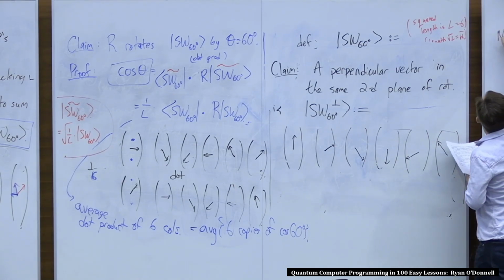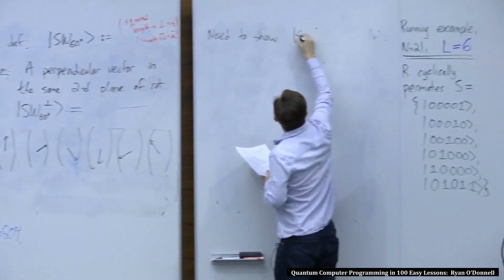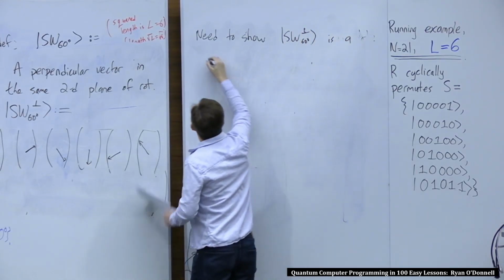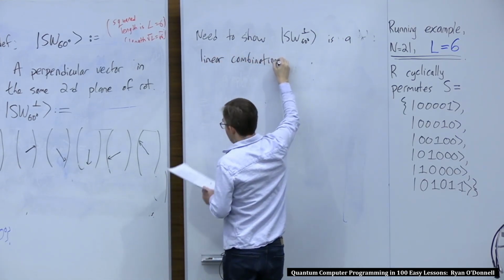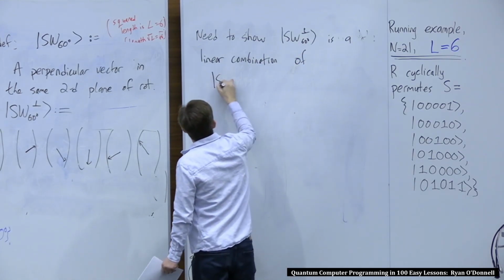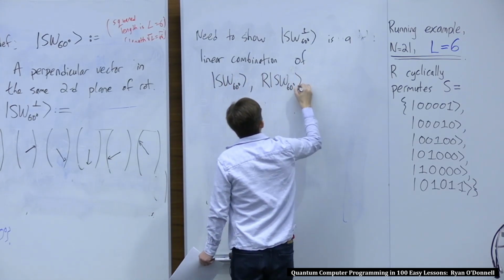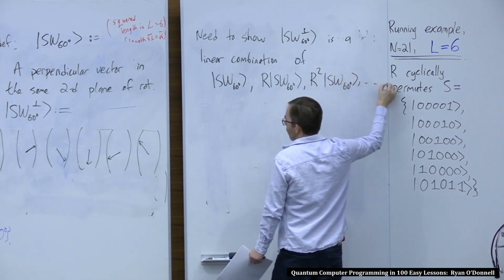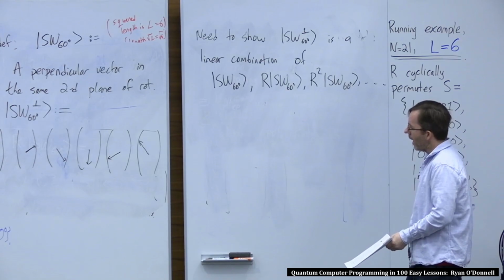So we need to show that SW perp is a linear combination of all these vectors in the plane, like SW60, R applied to SW60, R applied twice to SW60, and so forth. And how can we do that?